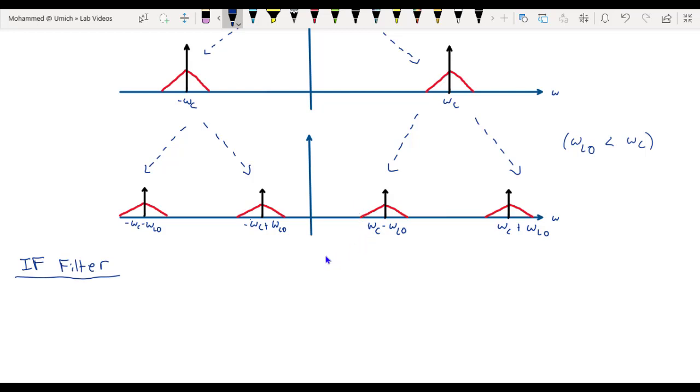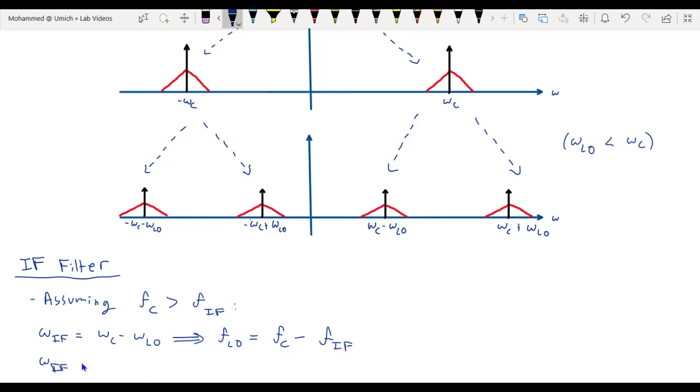And assuming that the carrier frequency f_c is greater than the center frequency of the IF filter f_IF, the two possible choices of the local oscillator frequency would correspond to omega IF equals omega c minus omega lo, which implies that the local oscillator frequency equals the carrier frequency minus the IF center frequency, or omega IF equals minus omega c plus omega lo, which implies that the local oscillator frequency equals the carrier frequency plus the IF center frequency.